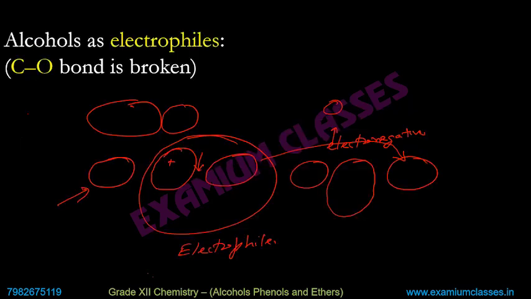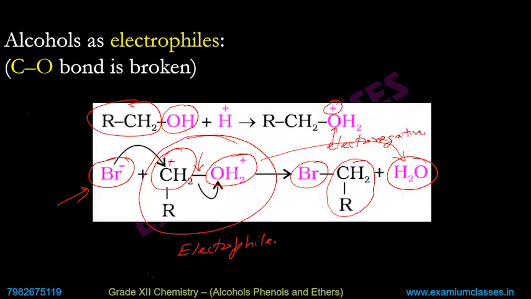Next is alcohols as electrophile. In this case, again, first is addition, but addition of protonation. And then the nucleophile and electrophile, which is actually alcohol converted to electrophile, they combine, H2O is detached.